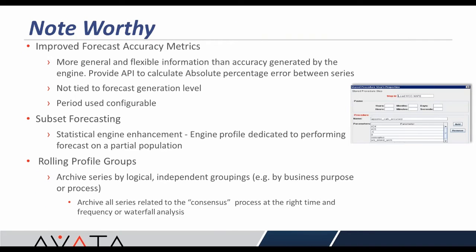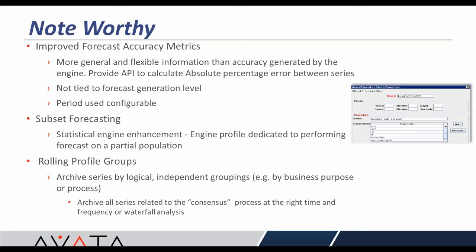Some other noteworthy key enhancements that, to be honest, when we go into clients that often already have Demantra and we're brought in to do enhancements or an upgrade or another phase of the project, we often find that a lot of these things that have been released for several years, people are not aware of. So, forecast accuracy metrics. I'm amazed at how often we'll go into clients, even existing Demantra clients, that are still using offline Excel spreadsheets.